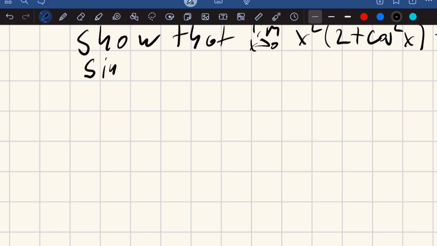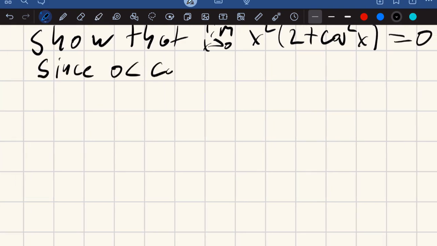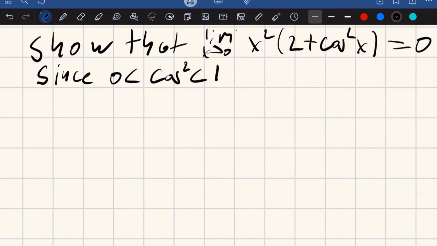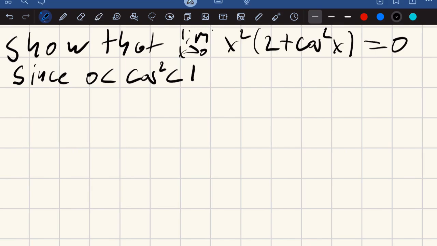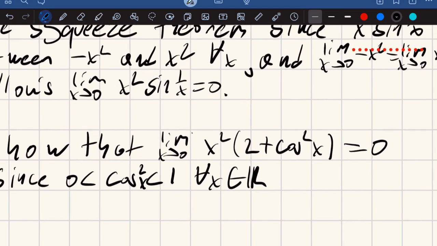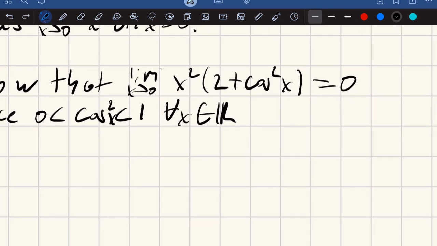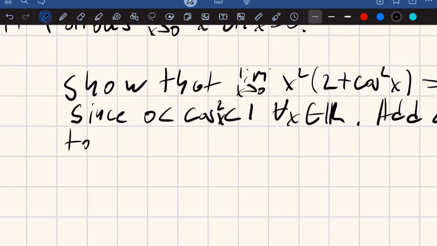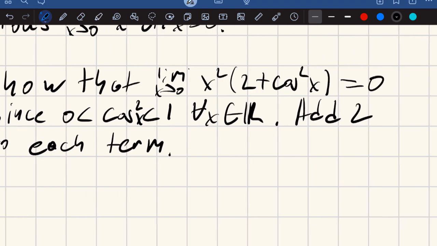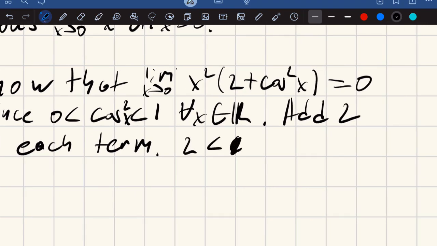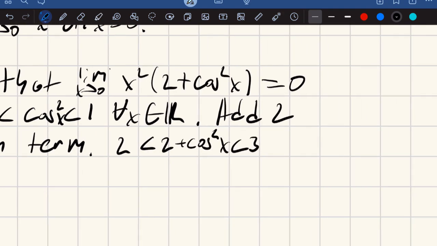First you would say since 0 is less than cosine squared x, is less than 1, because those are the ranges of it, for all x in the real numbers, then you want this inside part to look like this. So you add 2 to each term, and then you get 2 less than 2 plus cosine squared x, less than 3.